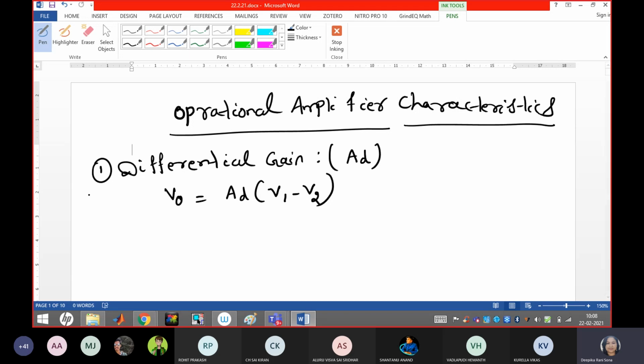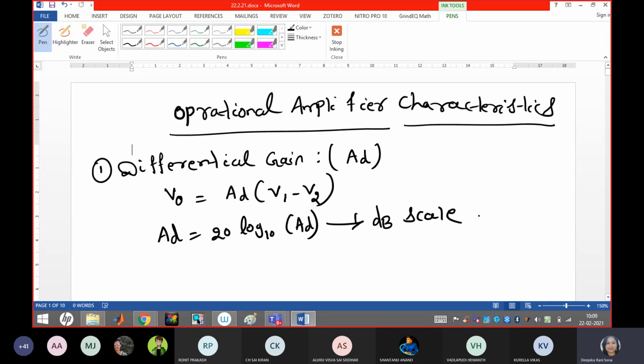Guys, you got it? AD can be expressed in terms of dB. You better make a note: 20 log10 AD. You have to represent this in dB scale.